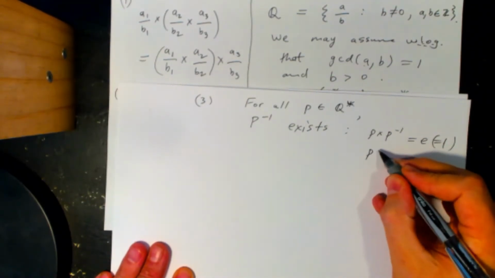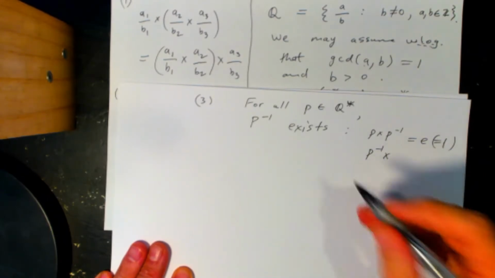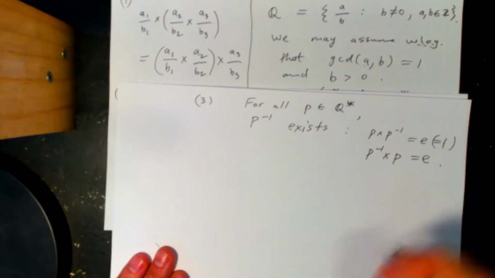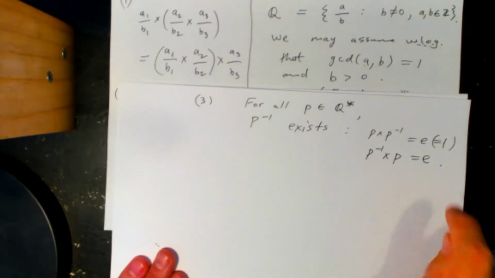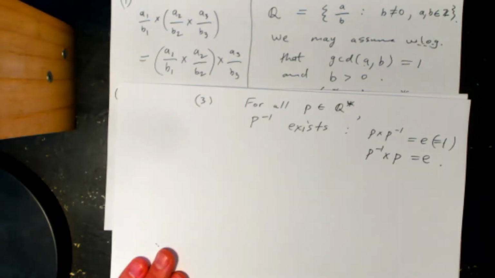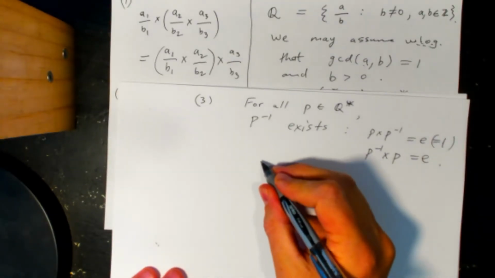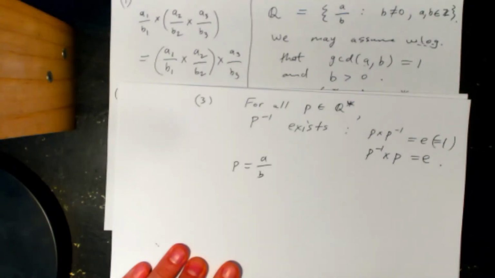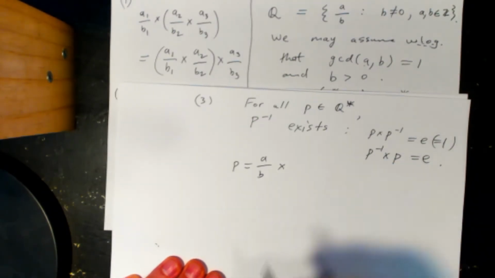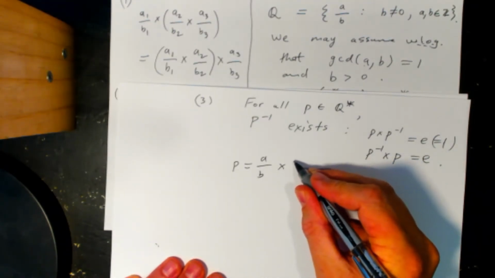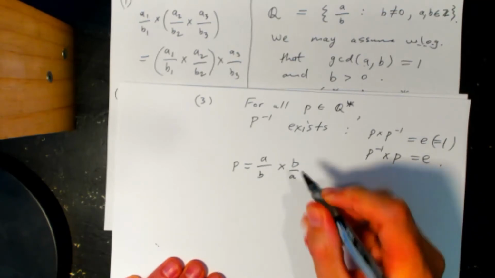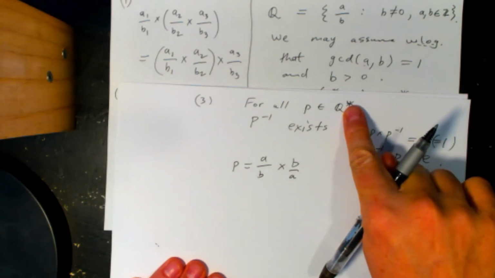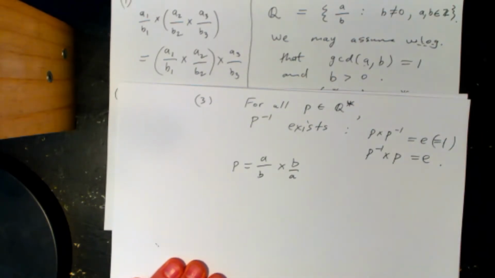And that's the same the other way around, which we know it will be because we have commutativity. Okay, so here we know E is 1. We've already shown that. So A over B, if we have P equal to A over B, then multiplying by B over A, now we know B over A exists because we have thrown away the 0.